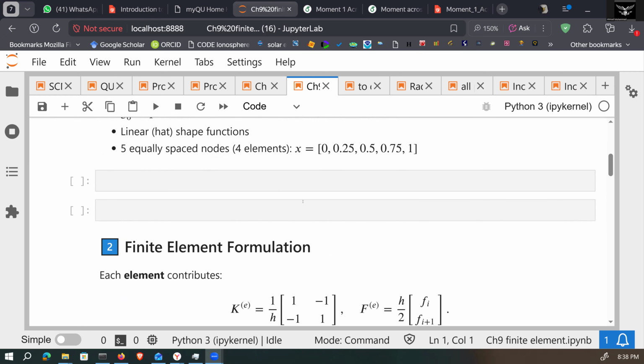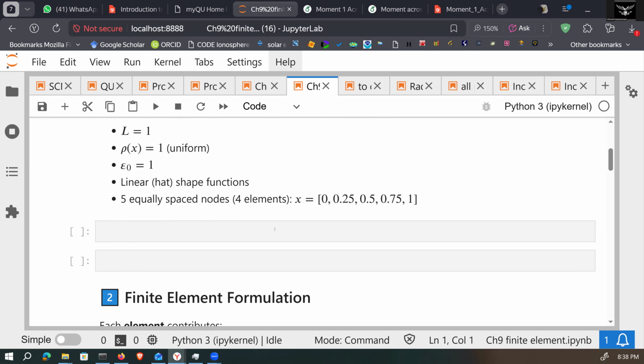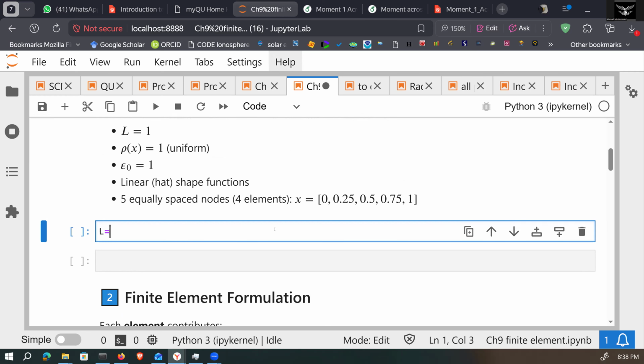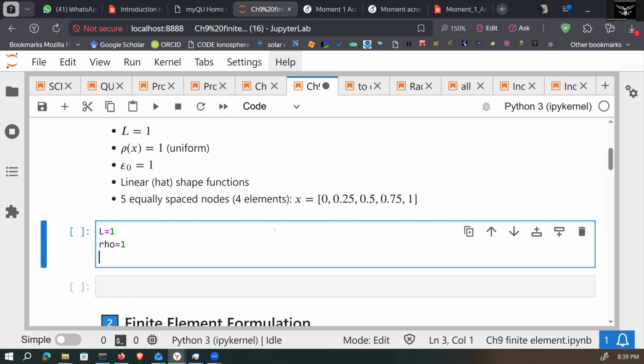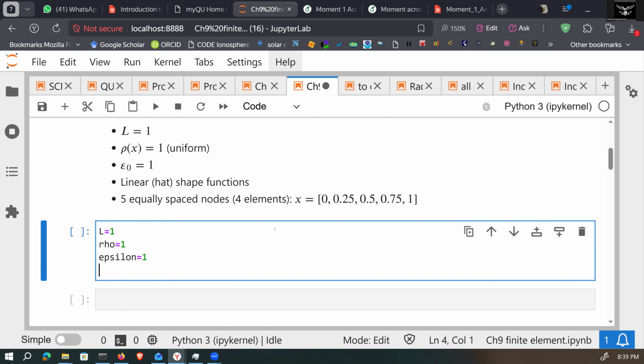So let's define our parameters. L equals 1. That's the length of the rod. There's no need to define rho over epsilon, or if you want, you can call it rho equals 1, epsilon equal 1.